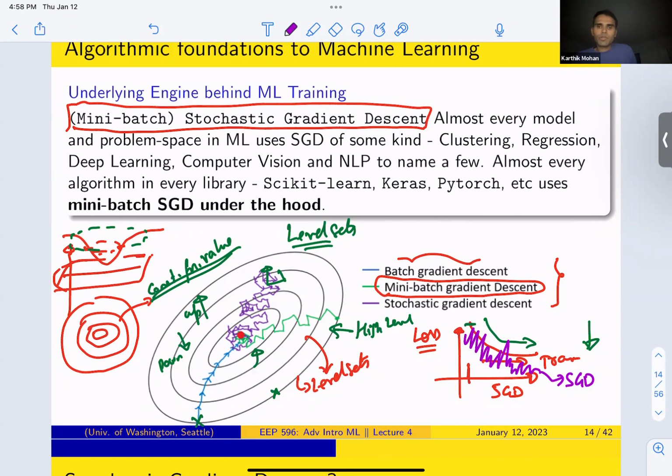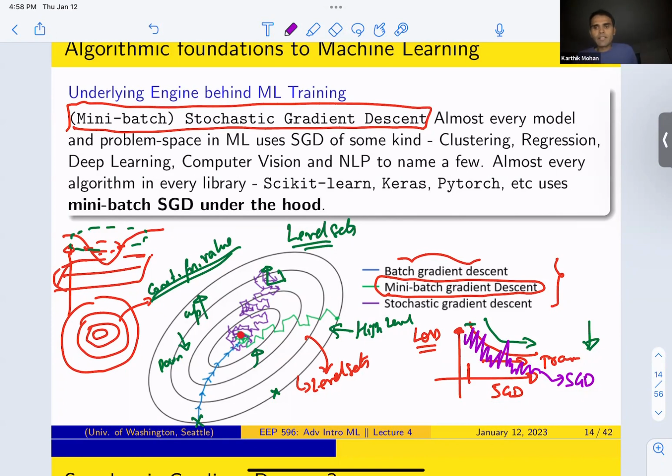So that is the idea of mini batch gradient descent. It takes care of the memory issue, which is I simply may not be able to load 100,000 data points. So let's work with smaller batches, and then I will be able to go through the full data set.